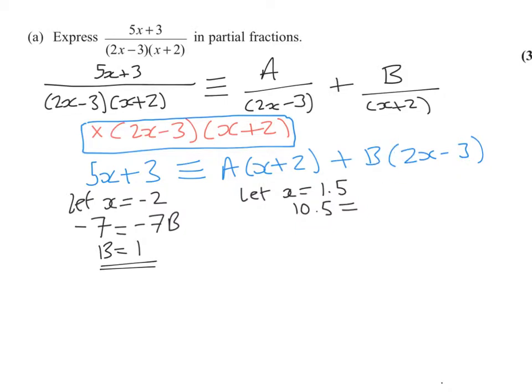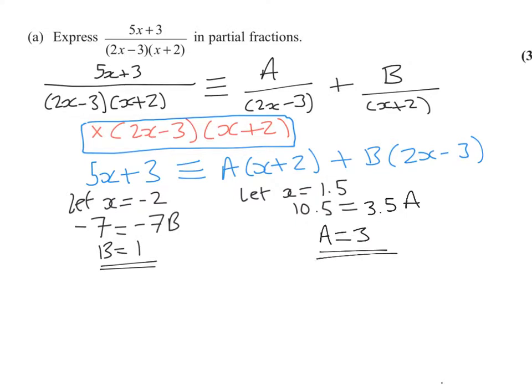No b's. Now, the a, you've got 1.5 add 2 is 3.5, so I've got 3.5a. So 3.5a, a equals 3.